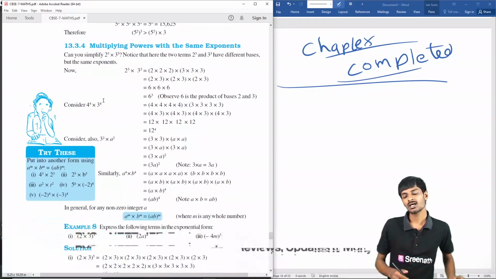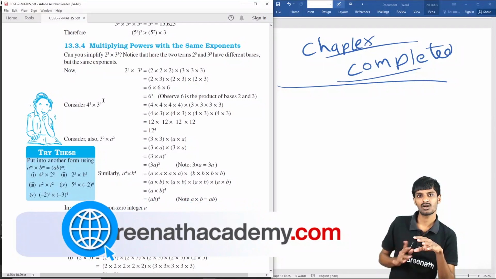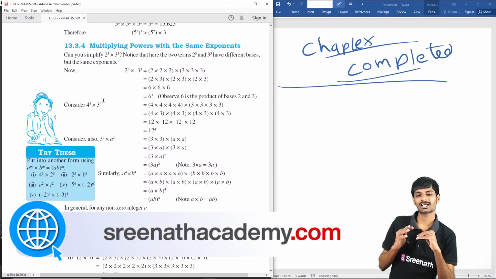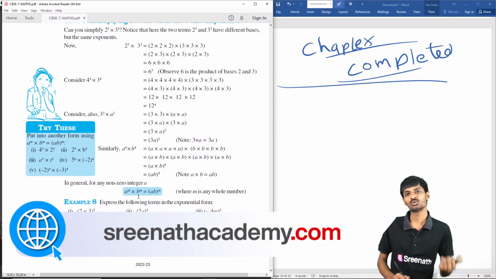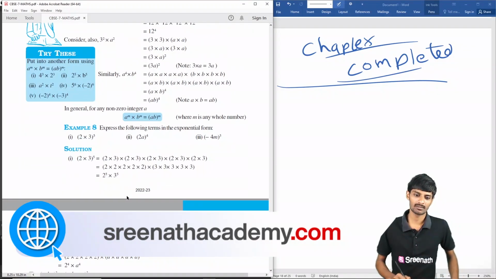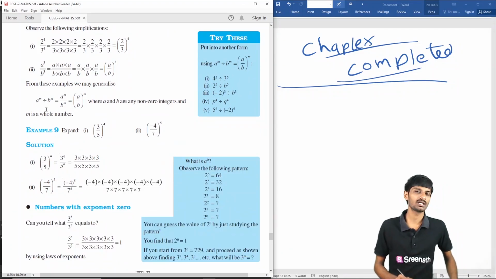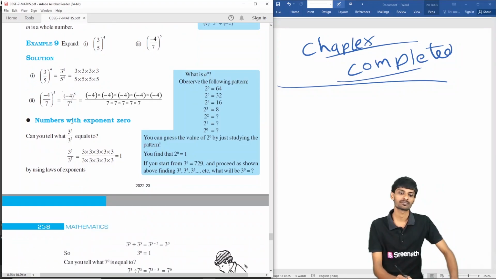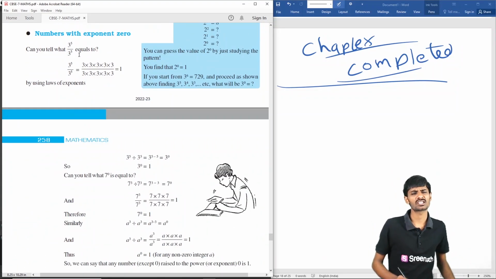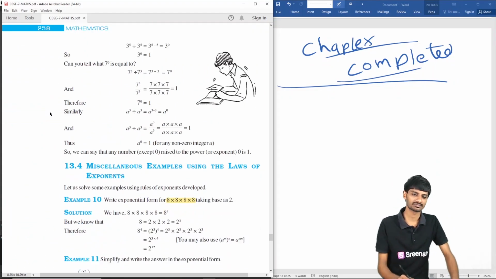And if you have the same exponents, not same bases, same exponents, then a power m into b power m is ab whole power m. And same powers division, that is a power m by b power m is equal to a by b whole power m. And if the exponent is 0, its value is 1.